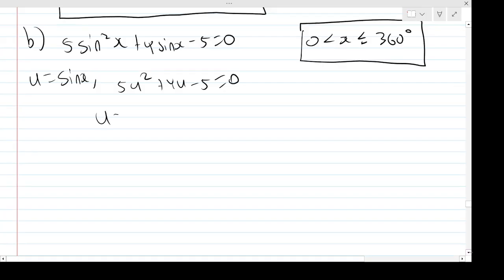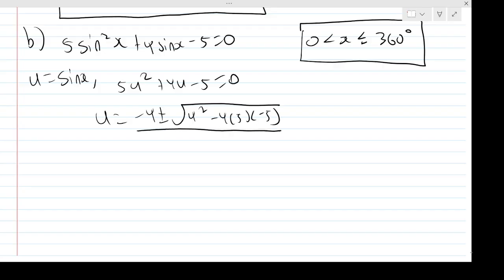So then u is going to be minus 4 plus or minus the square root of 4 squared minus 4 lots of 5 lots of minus 5, over 2 lots of 5. And if I put that in the calculator, u is minus 2 plus or minus root 29 over 5.